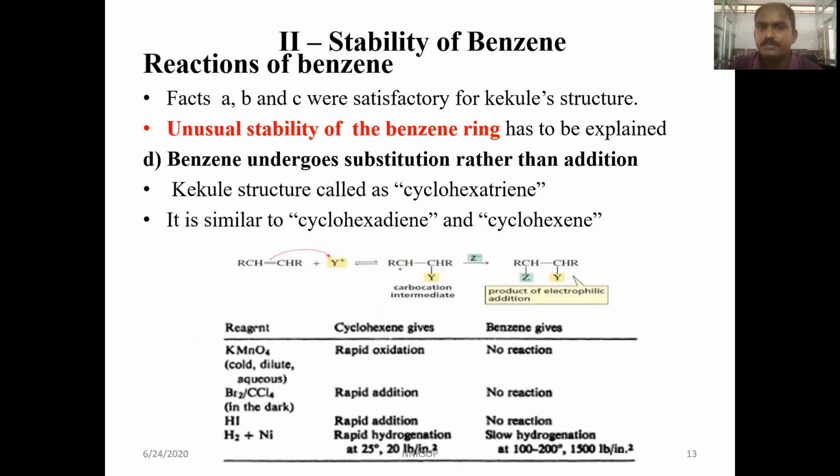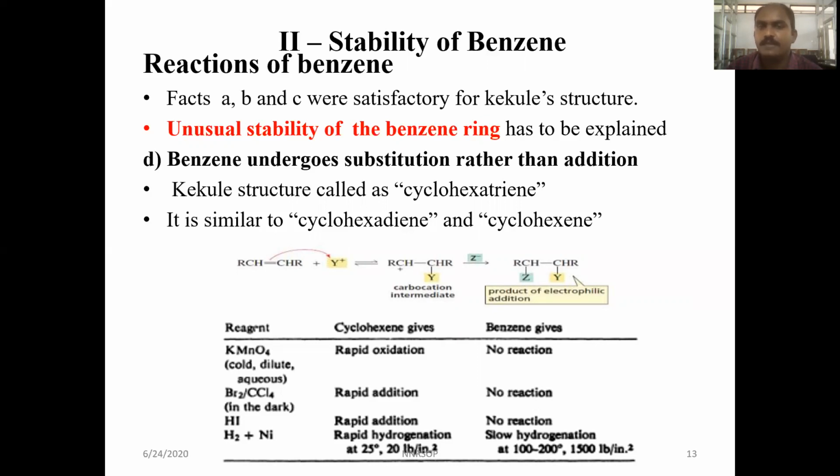When you observe the structure of benzene, you have 3 double bonds, so it is a structure similar to cyclohexene. Cyclohexene has 1 double bond, cyclohexadiene has 2 double bonds, and the Kekule structure is identified as cyclohexatriene, meaning benzene has 3 double bonds.